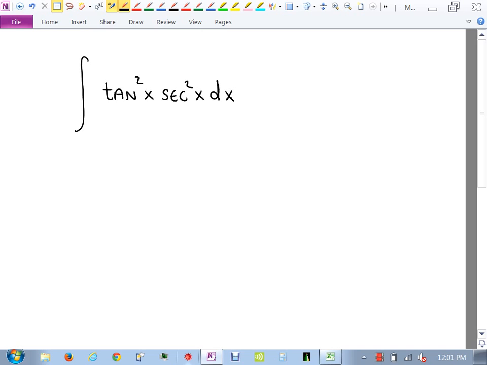Here, if I look at this, do you see something in its derivative? If u is tangent, the derivative of tangent is secant squared x. So we actually have du right there, don't we?